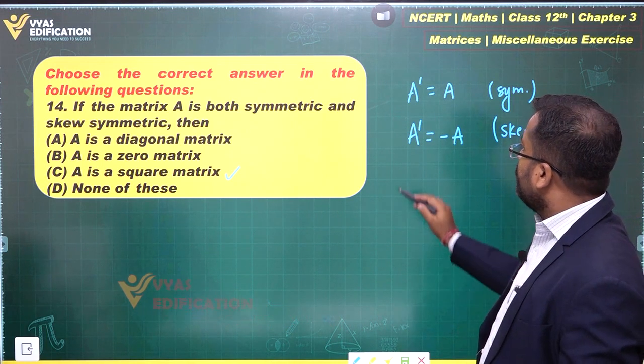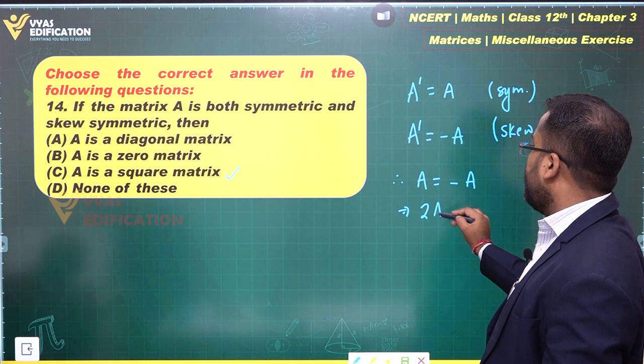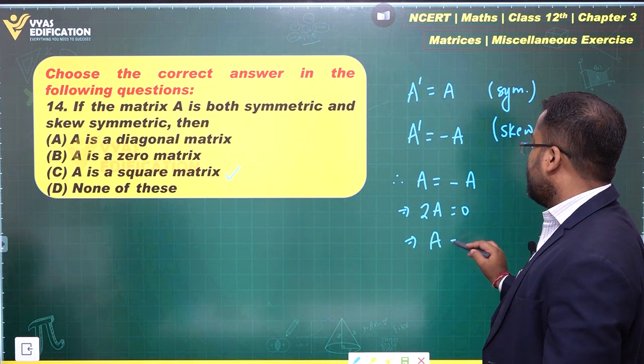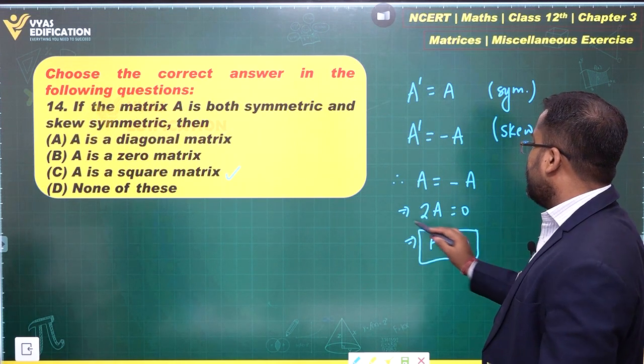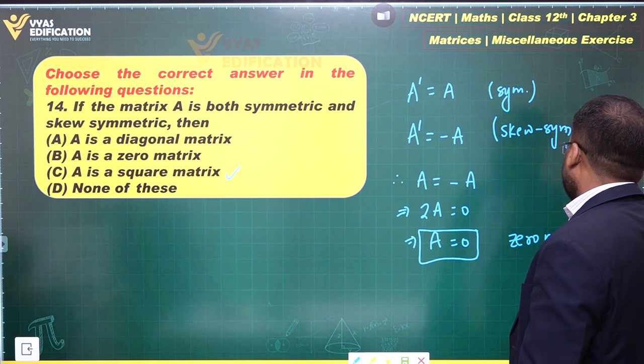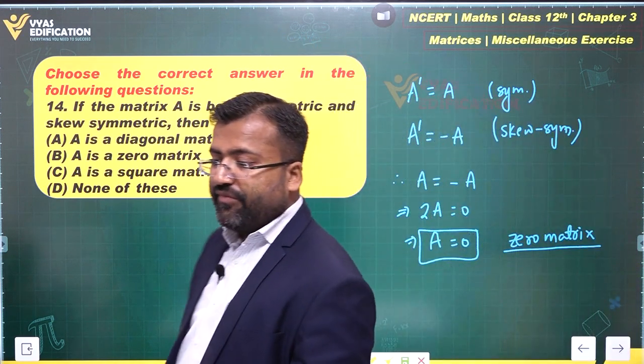Since this is true, A is equal to minus A, which implies 2A equals 0, which further tells me that A is equal to 0. Basically, A is a 0 matrix. A matrix which is both symmetric and skew symmetric will be a 0 matrix.